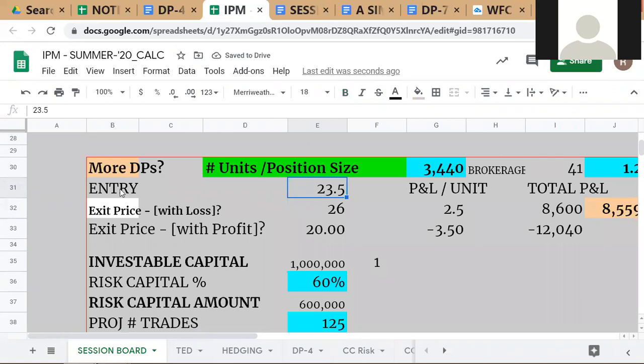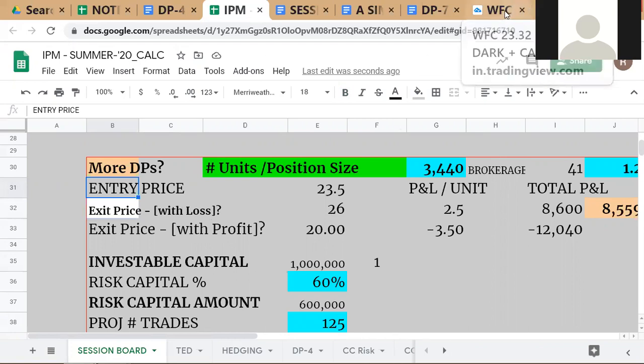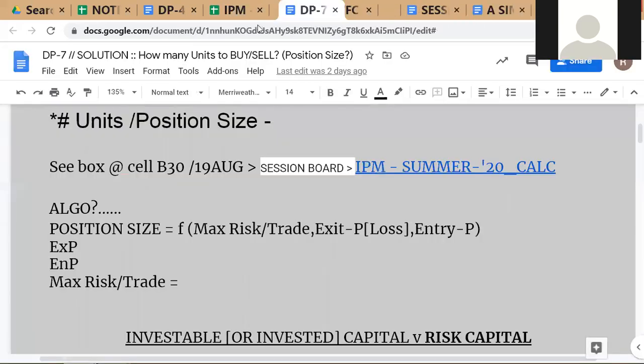That's our entry price, and the exit price with loss is 26. Where do we get those figures from? Basically here.